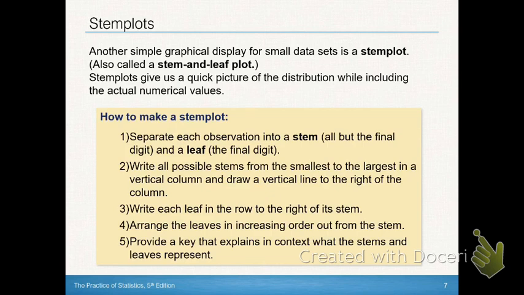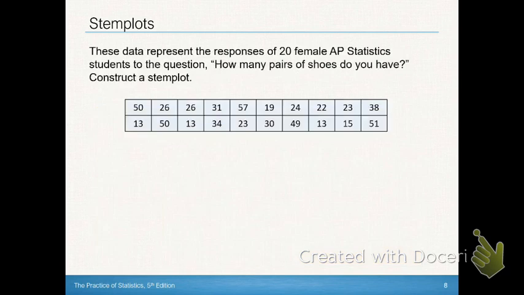If your numbers go out to 1 decimal point, like 1.5, 2.4, 3.7, you'd probably make the decimal digit be the leaf and the whole number part be the stem. But if your numbers are all 2-digit numbers, like 21, 32, 15, then you'd have the tens digit be the stem and the ones digit be the leaf, and then you'll reorder them and it'll start to look something like this.